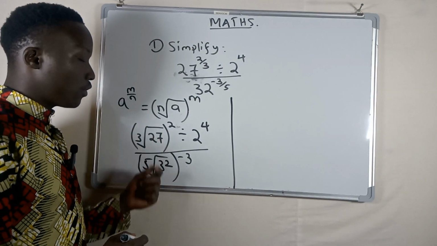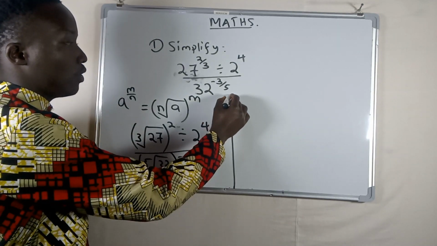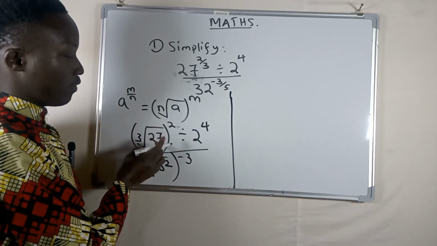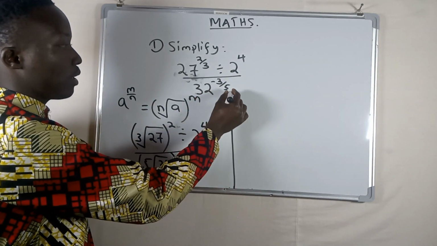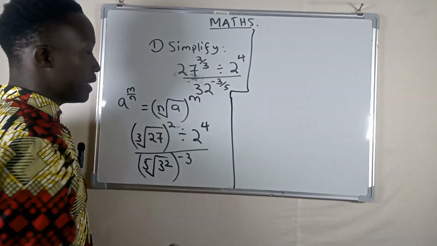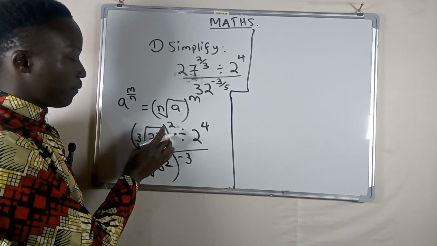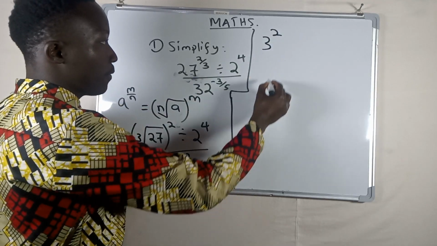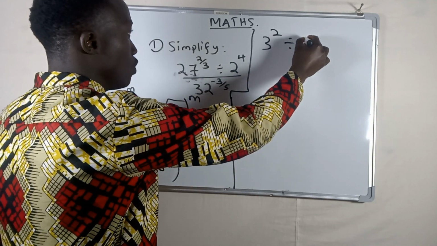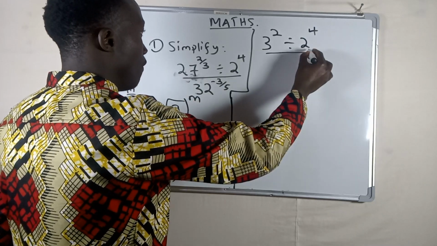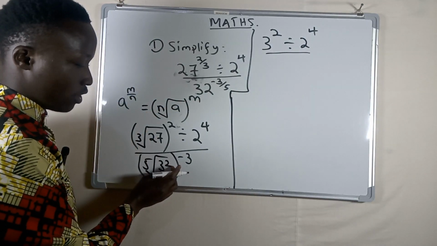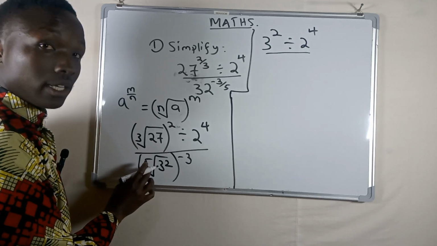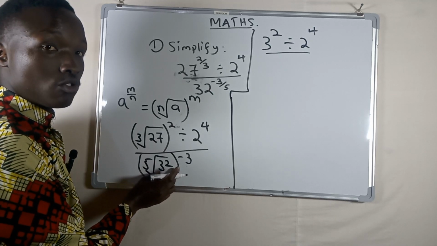The cube root of 27, you can use the factor tree method to find it, and you are going to find that the cube root of 27 is equal to 3. So it's going to be 3 to power 2 divided by 2 to power 4 over the fifth root of 32, which is equal to 2.